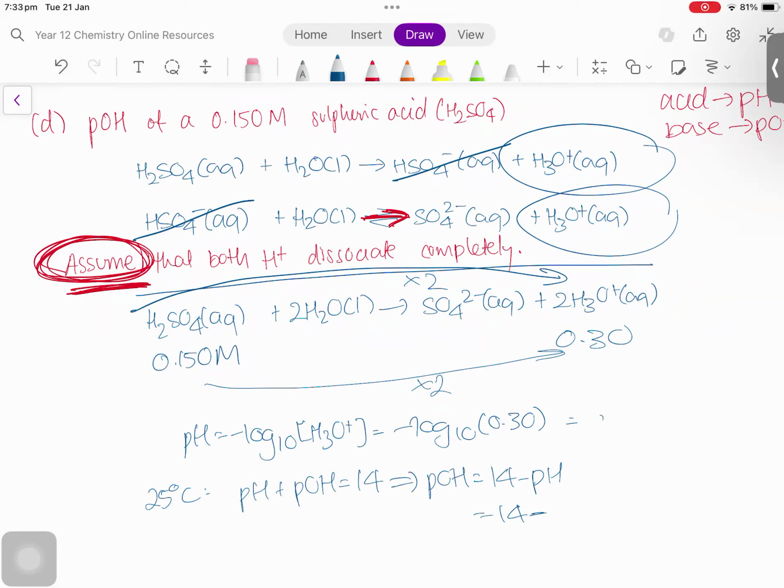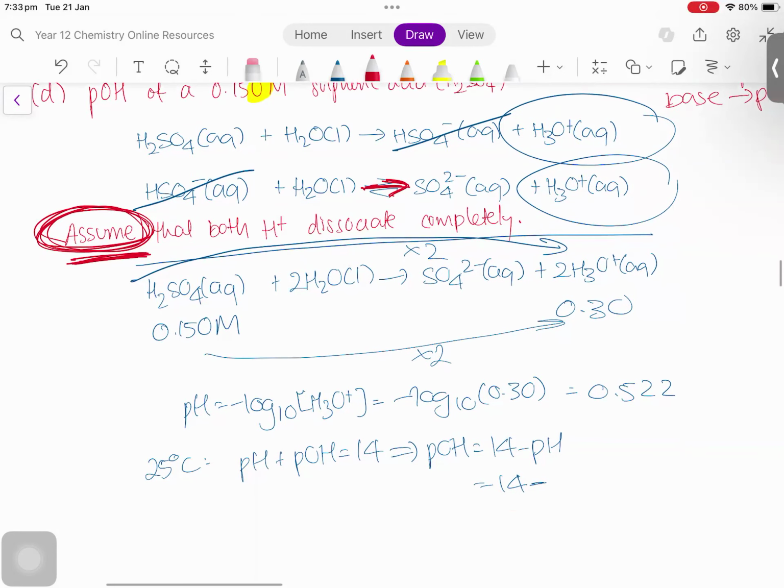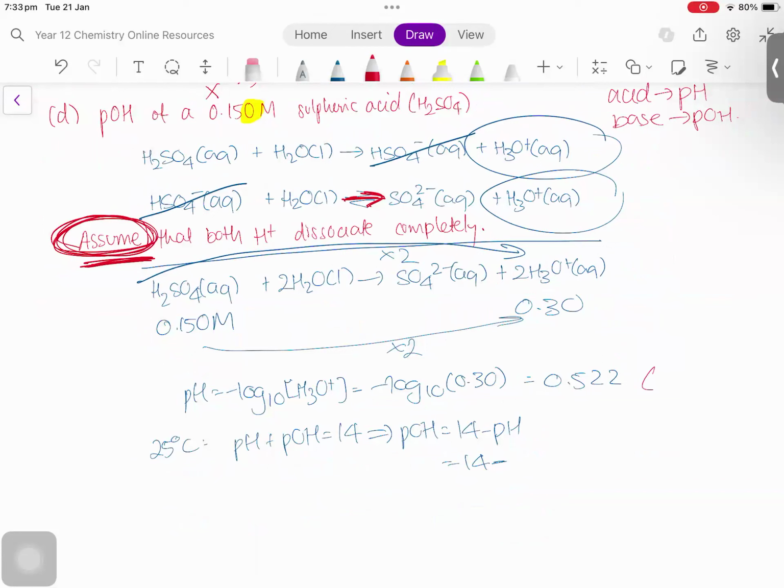0.522, thank you, Celine. Now, guys, this 0 at the end here is not between two non-zeros. However, zeros after a decimal are significant. Zeros at the start before a decimal aren't significant. This one is. So 1, 2, the third 0 is significant. So that's 3 sig figs. So pH is 0.522. Remember, no units. 3 sig figs.